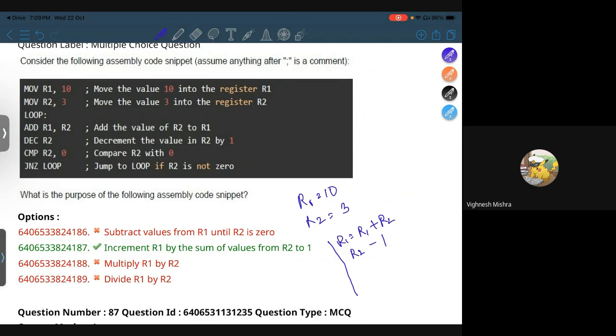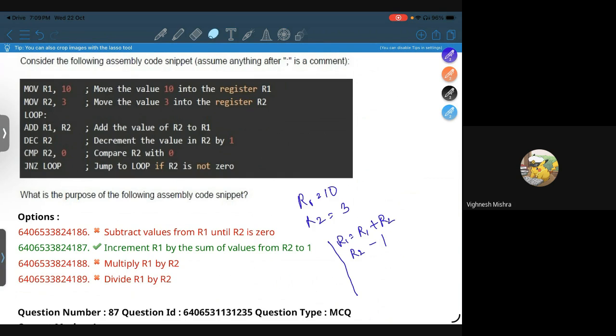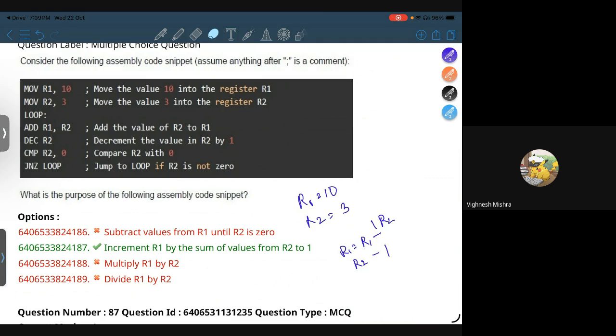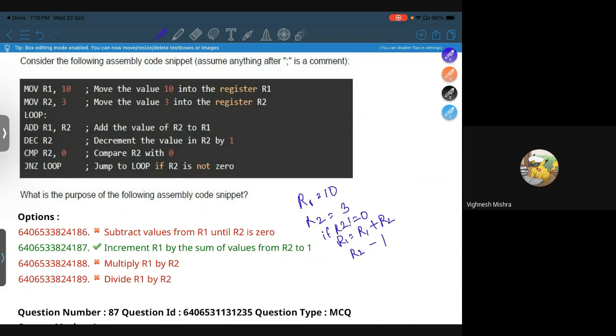So let's see, if we can simplify this. So if R2 is not 0, then we again do this thing.